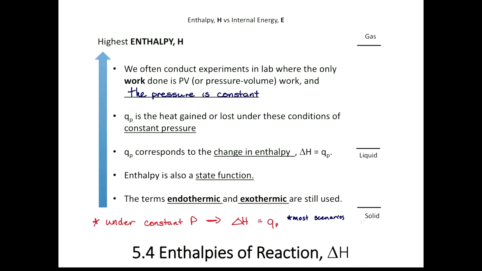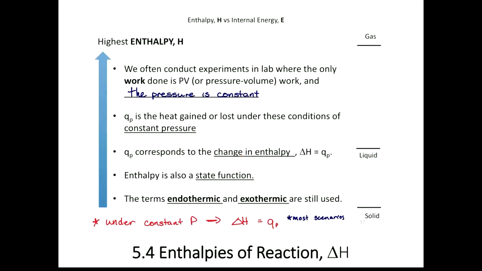So this is a capital H instead. The reason we can do this is because most of the chemical reactions we do on Earth are done at constant pressure, because the pressure on Earth is always 1 atmosphere. So any heat that's gained or lost under constant pressure, which is on Earth, is related to changes in enthalpy.